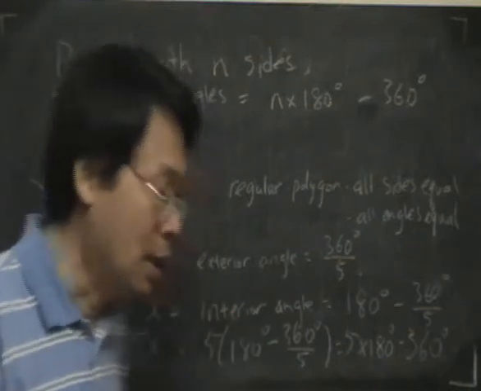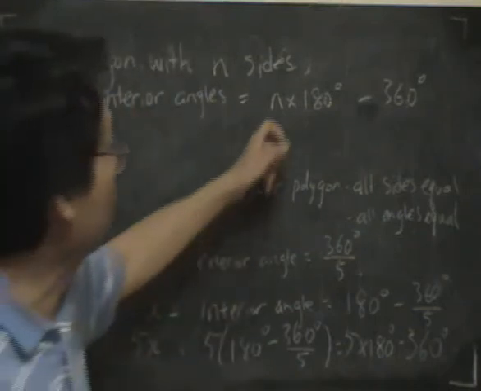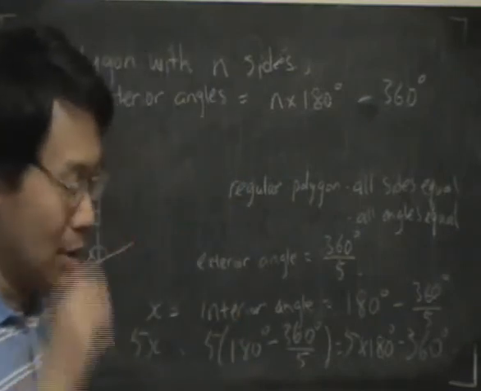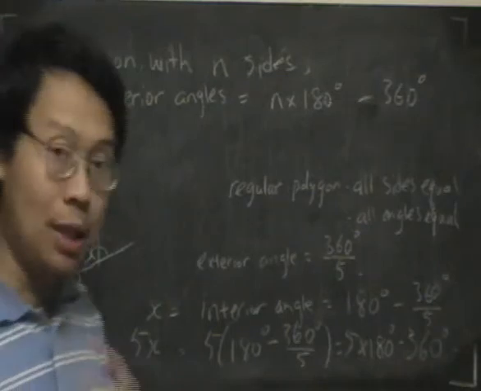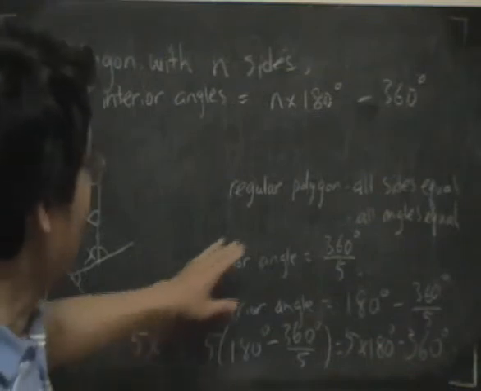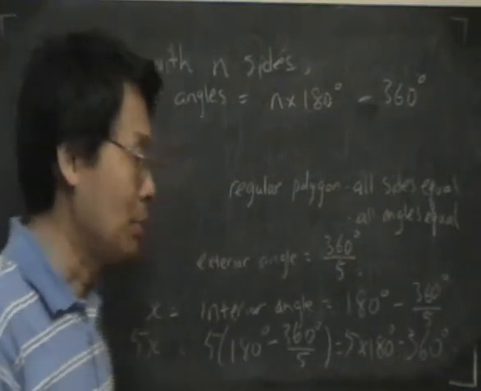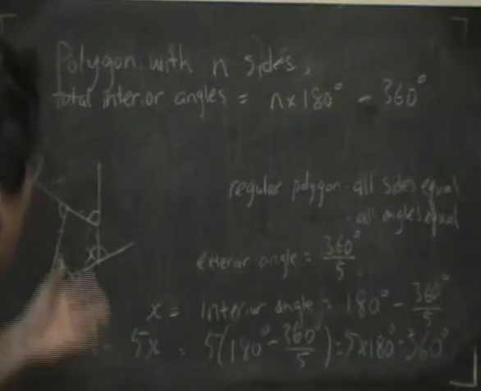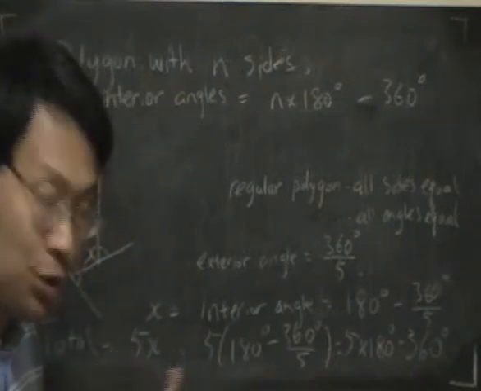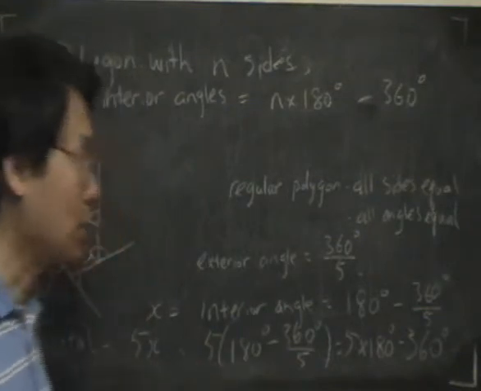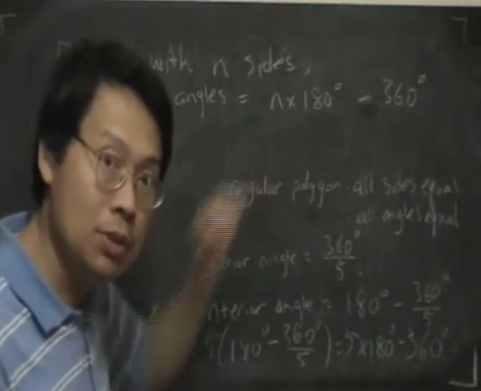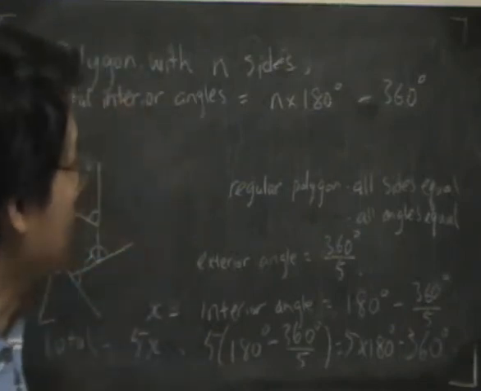Now, I have shown how to arrive at this formula by looking at regular polygons. Now, in fact, it can be shown that even if the polygon is not regular, that means that you might have polygons with different sides and different angles, even if you have such an irregular polygon, the sum of the interior angles is still given by the same answer.